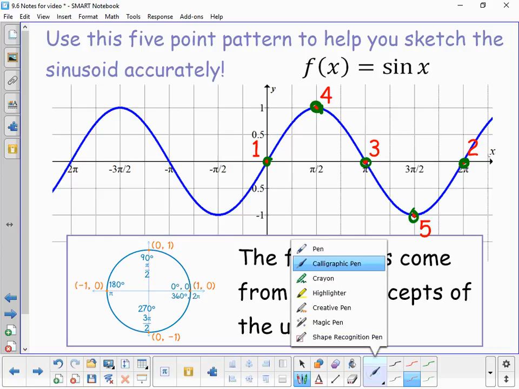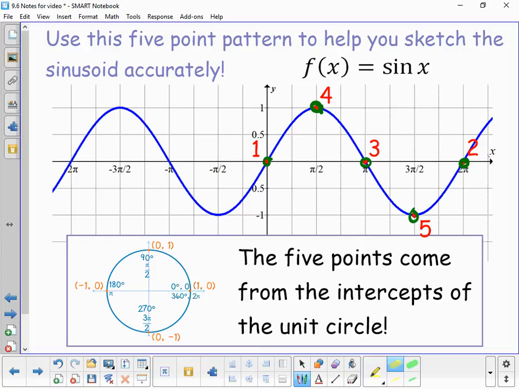But these 5 points come from the intercepts of the unit circle. Our first angle is 0 and our sine is 0. That corresponds to this point. The second intercept is a y-intercept. It's pi over 2 and the sine is 1. That corresponds to this point.